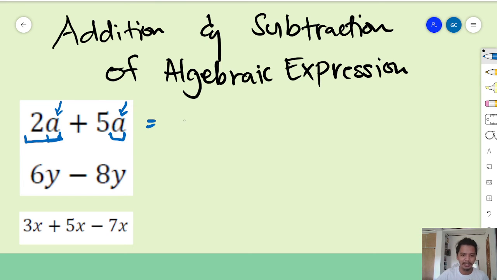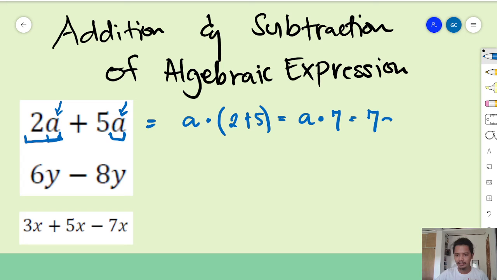Ilabas natin siya, sulat natin siya rito as a. Tapos, i-multiply mo lang siya sa mga naiwan. So, we have there 2 plus 5. Pag inadd mo sila, kakaroon ka ng a times 7. So, by rearranging, we have there 7a.